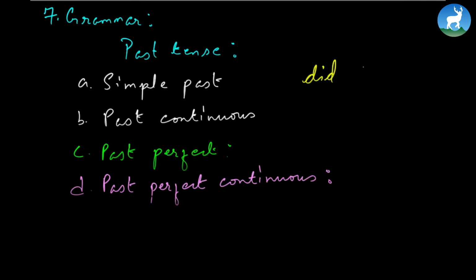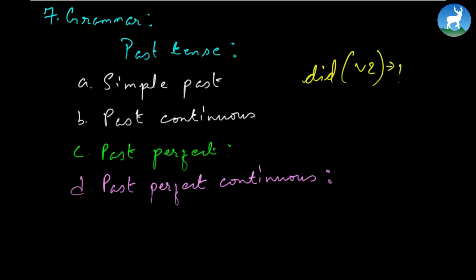Its auxiliary verb is did, or it usually goes for V2. Rather than confusing you with what is V2, just simply understand that whatever falls under simple past is an event that happened somewhere in the past. Time is unknown, indefinite time. That's why it's also called indefinite past tense.